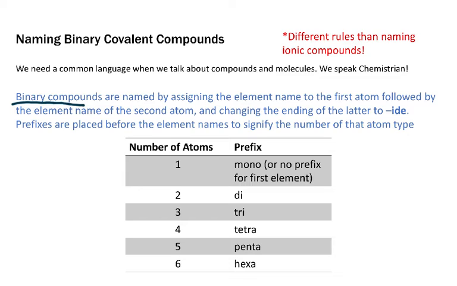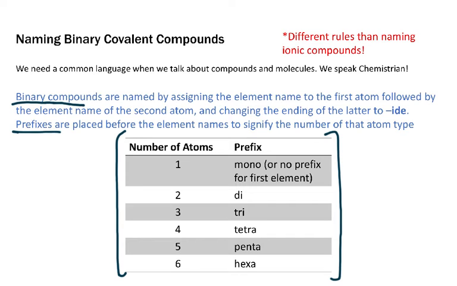And then, here's the difference, prefixes are placed before the element names to signify the number of that atom type. And here are the Greek prefixes. So mono, di, tri, tetra, penta, and hexa, and it continues on past that, but up to 6 is good enough for now.